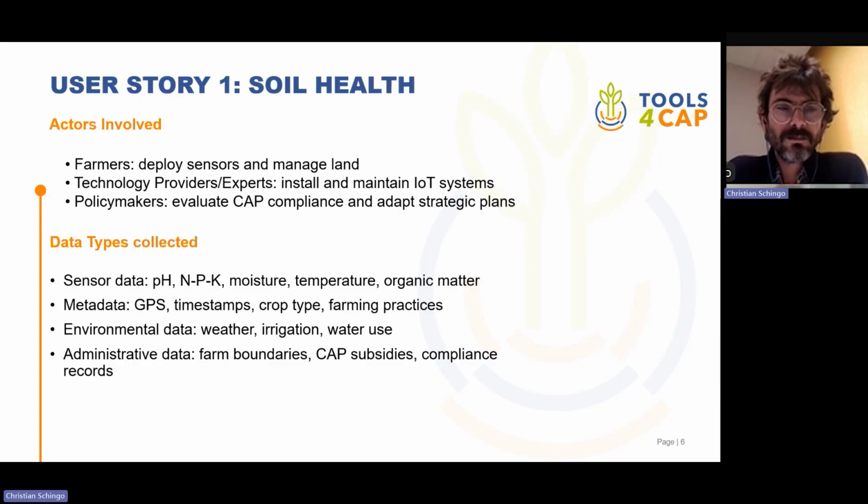The types of data that these sensors can potentially collect are pH, NPK, CEC values, moisture, temperature, and organic matter. Then we have the metadata such as GPS, timestamps, crop type, and farming practices. Other sensors can detect environmental data such as weather, forecast, irrigation, and also water use. Then the administrative data can include farm boundaries, CAP subsidies, and compliance records.